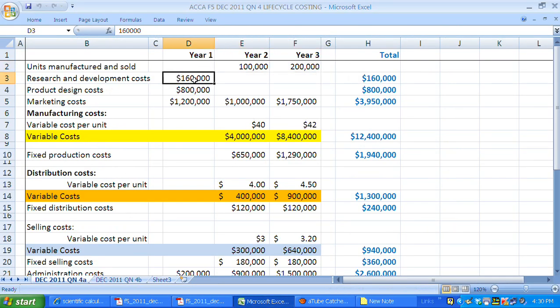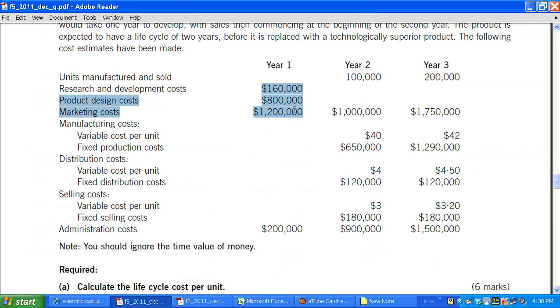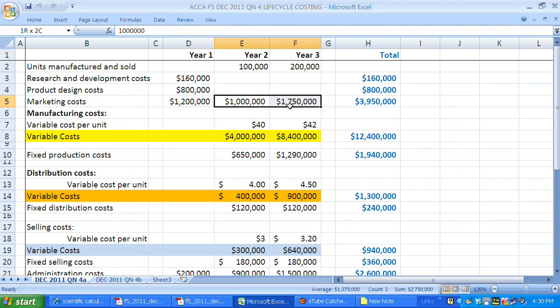In year 1, I incur research and development costs, product design costs, and marketing costs. Those figures I'm getting from here. I hope you can see the figures I'm highlighting there. I'm simply putting the figures for year 1 right here. Then marketing costs for year 1, year 2 and 3 are right here.